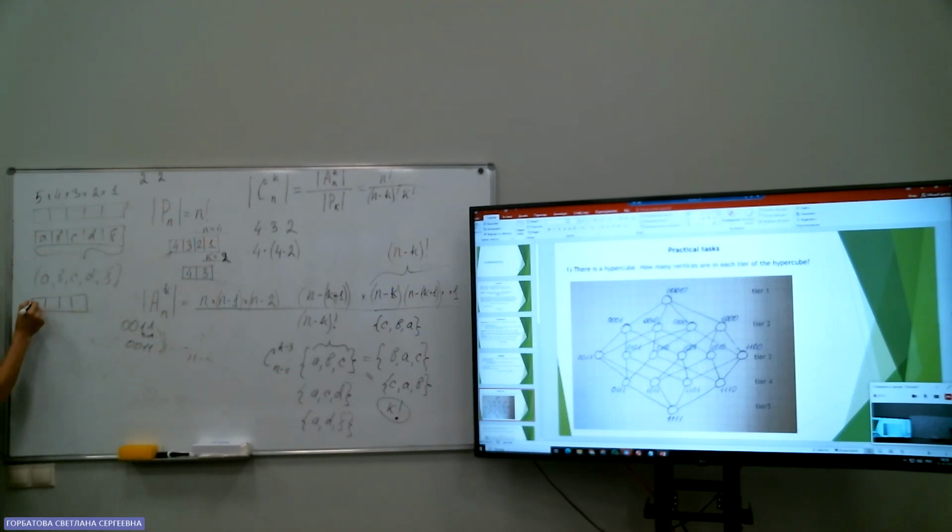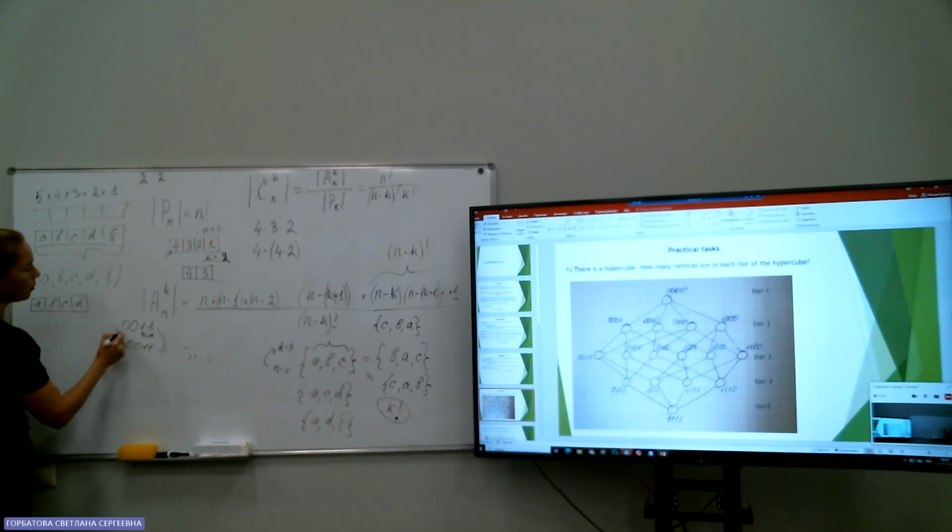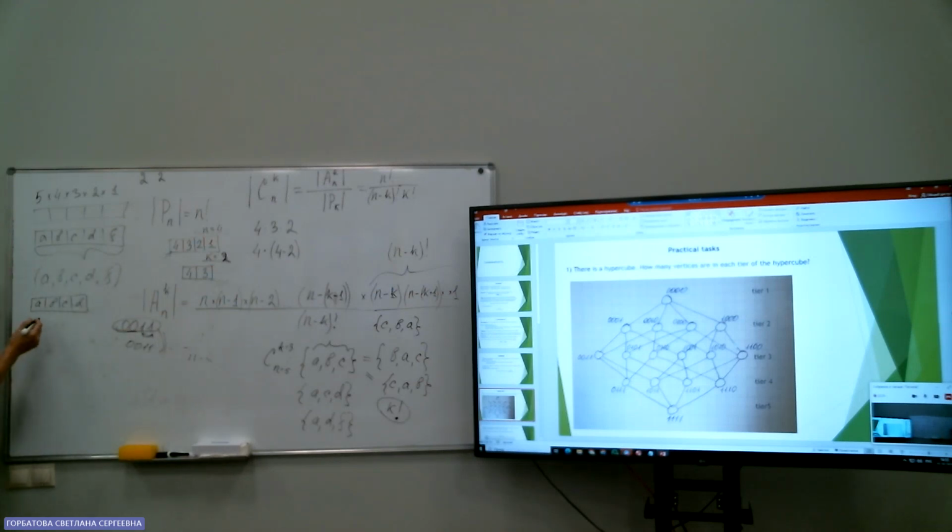Okay, so for example, it is position A, position B, position C, position D, yeah, and we need to make combinations of digits 1 in each position. So it can be, for example, the set AB, it is like 1, 1, 0, 0.